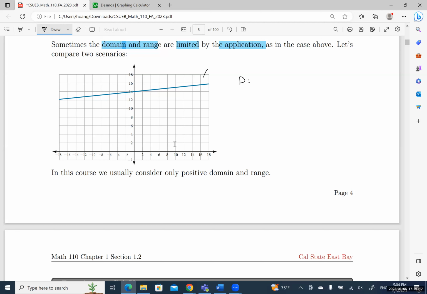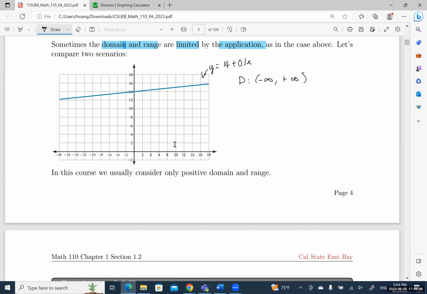This is the equation y equals 14 plus 0.1x. We graph y equals 14 plus 0.1x, and you get this graph function. So the domain will be from -infinity to +infinity.